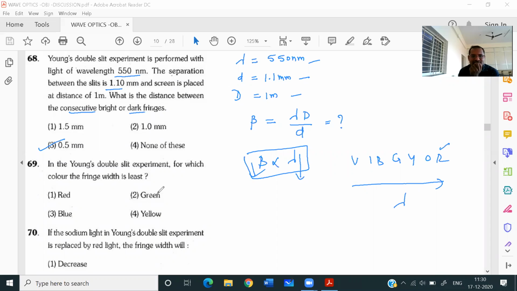Among the options green, blue, yellow, which color comes first? We are getting blue color. So blue color has lambda minimum, so blue color fringe width will be very less. Important question. It is a repeated question in your competitive exams, CET, NEET also.